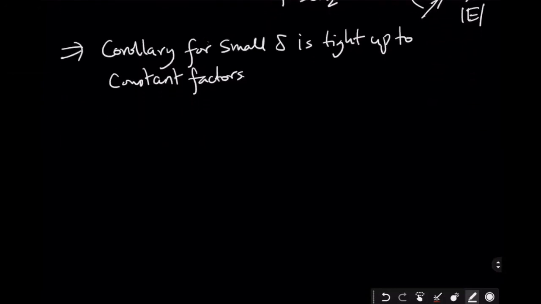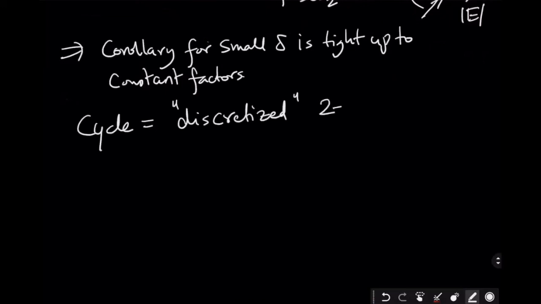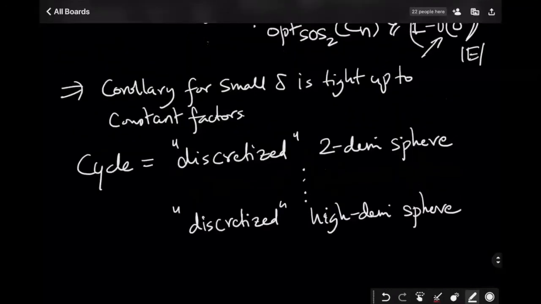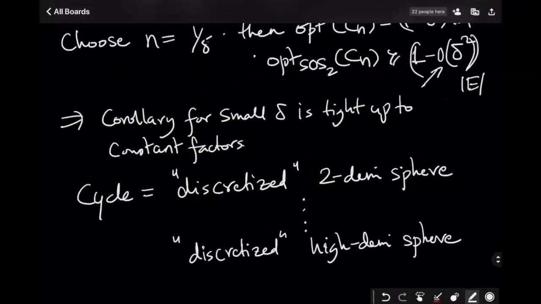In some sense, the way to think about it is that this cycle is a discretization of a two-dimensional sphere, which, by the way, is just a circle. It turns out that if you take a discretization of a high-dimensional sphere, then you can get something which is tight for all delta and doesn't even lose constant factors.